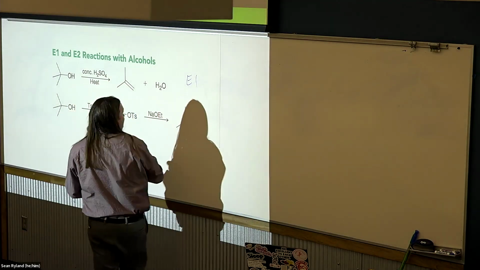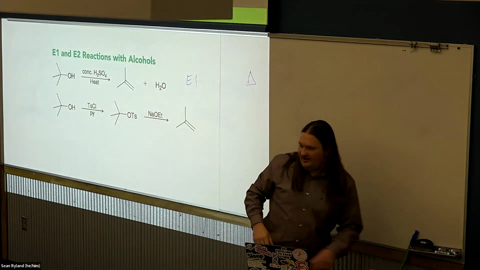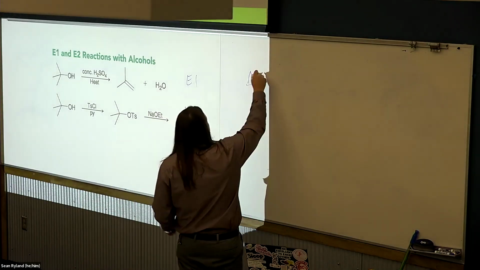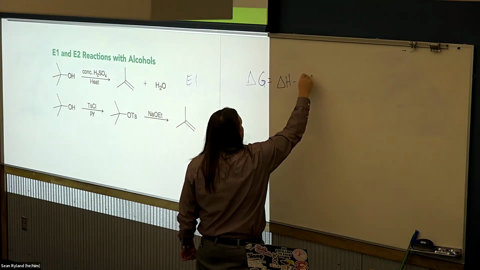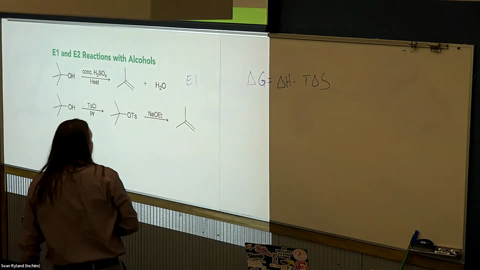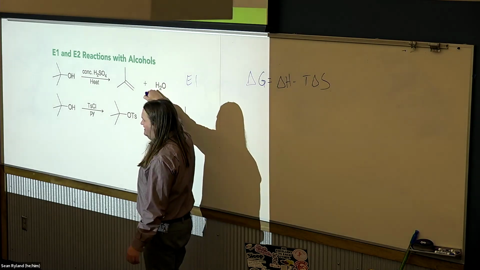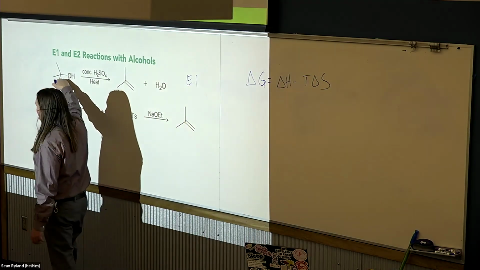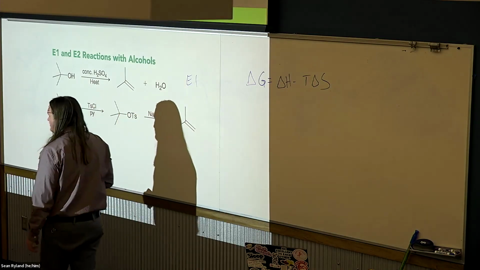Remember, we need the heat to change which side of the equilibrium reaction we're favoring, right? Because we have that delta G equals delta H minus T delta S. Elimination reactions have more entropy. So entropy favors the right-hand side, but enthalpy, the bond energies, favors the left-hand side, because single bonds are more stable than double bonds.